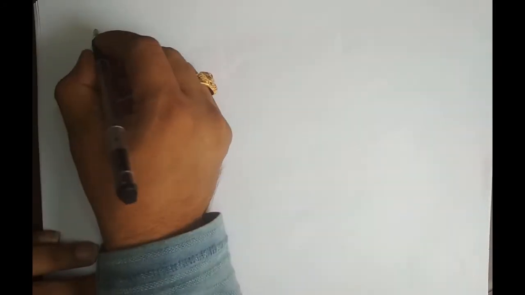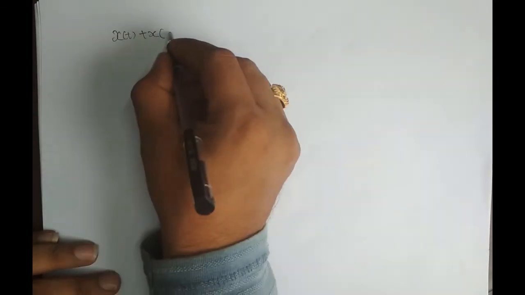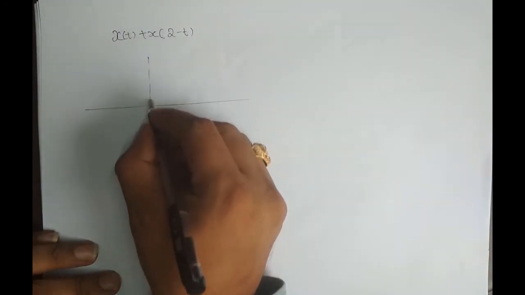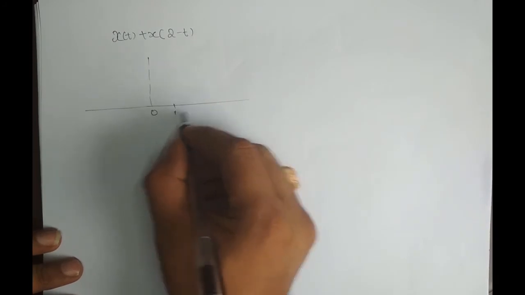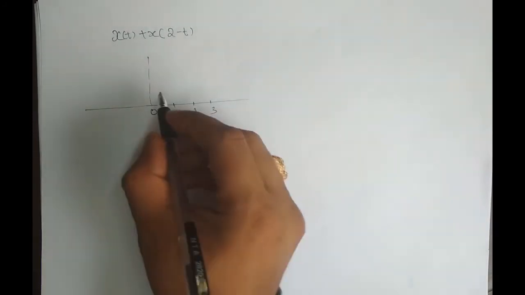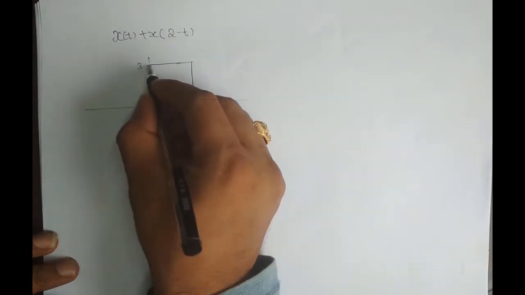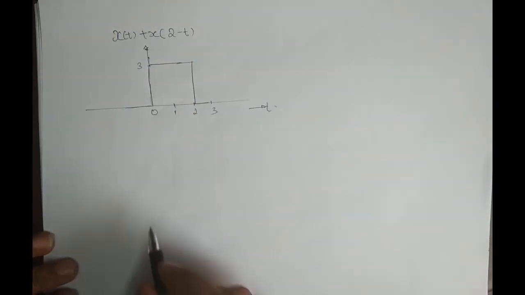So the x of t plus x of 2 minus t signal is 0, 1, 2, 3. Its amplitude is 3 for t varying from 1 to 2. Basically it's a rectangular pulse, right? So this is our x of t plus x of 2 minus t.